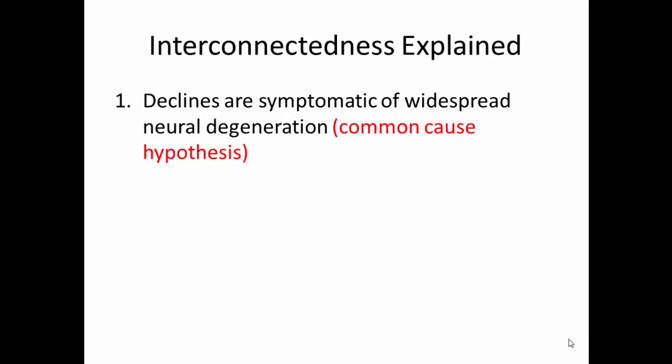The first explanation of interconnectedness is called the common cause hypothesis, which is that there's a decline across the board in the way the system operates, widespread neural degeneration.